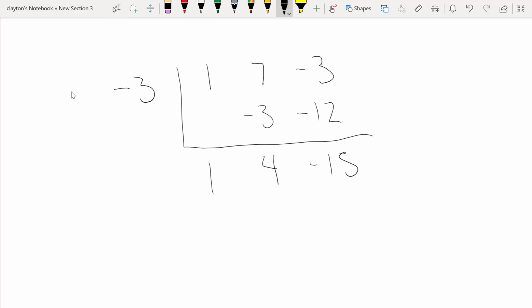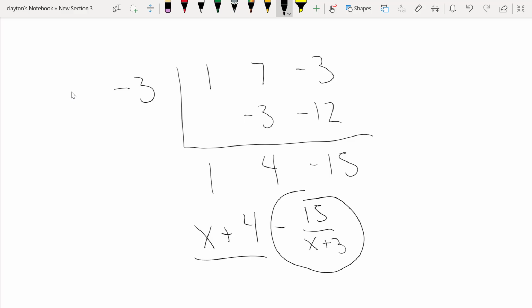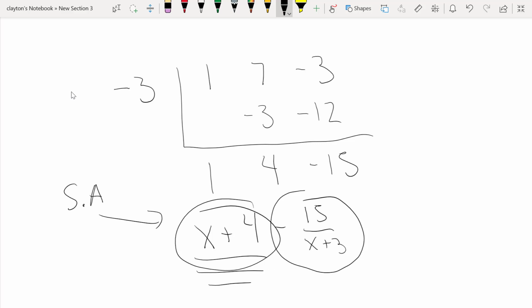So in our case, we end up with, remember this is going to be 1 degree less since we did this division, x plus 4 minus 15 over x plus 3. Now we really don't care about this remainder from our synthetic division. It is just the x plus 4 that we are considering here for our slant asymptote.